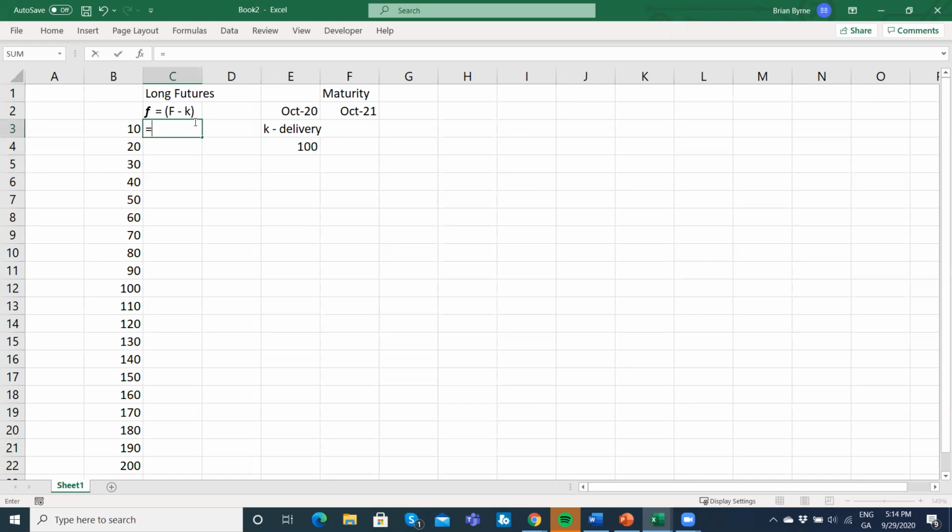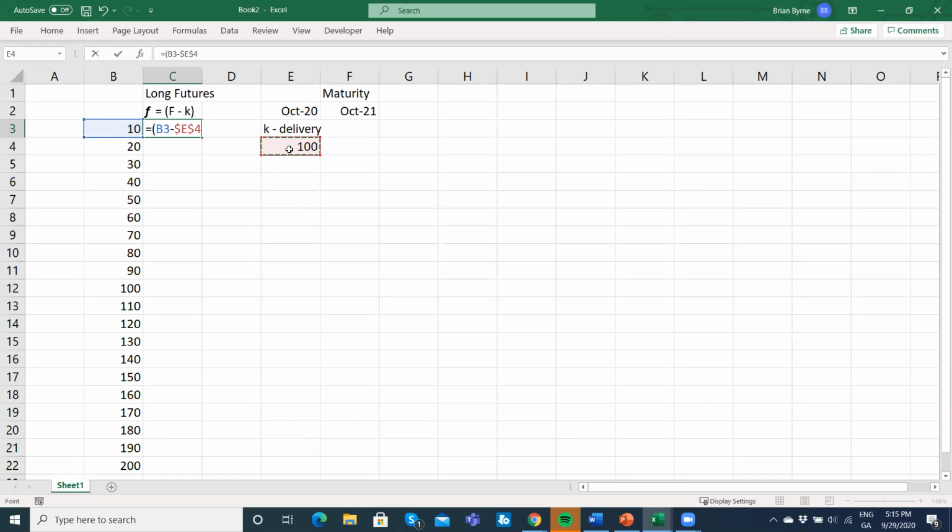How do we know if we're making or losing money on the position? That would be the difference between the futures price, which we don't know currently what it will be, and the delivery price, which we've set here at 100.